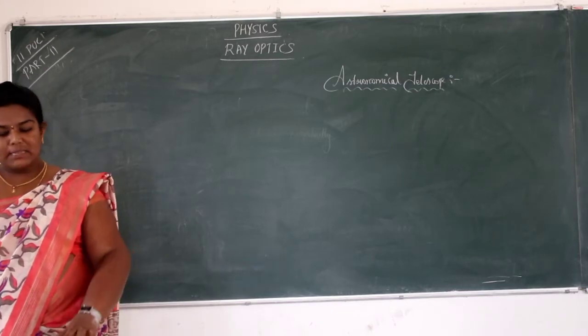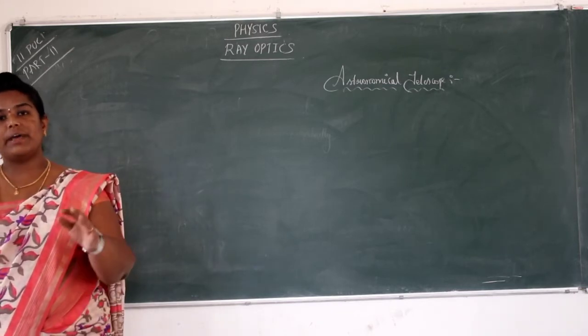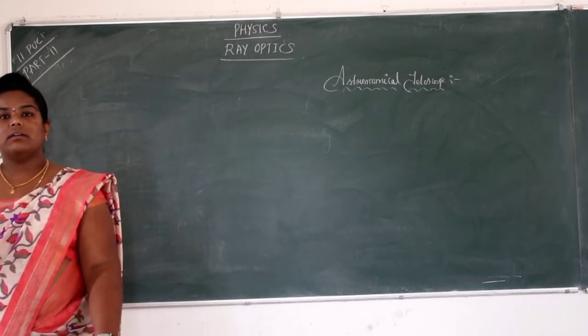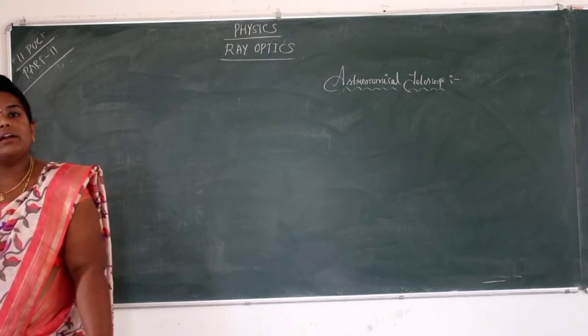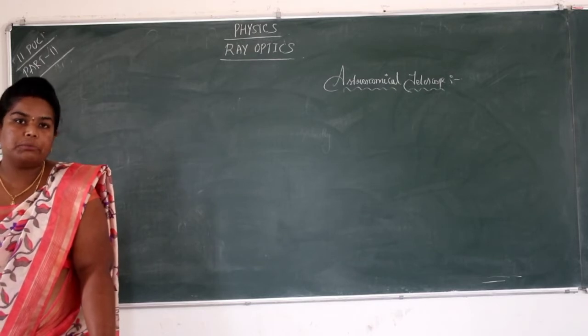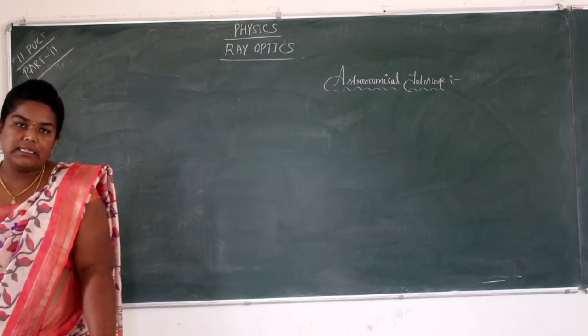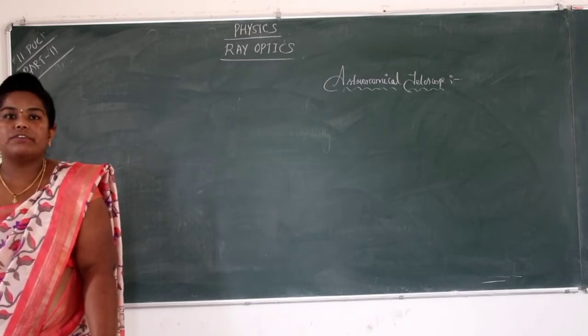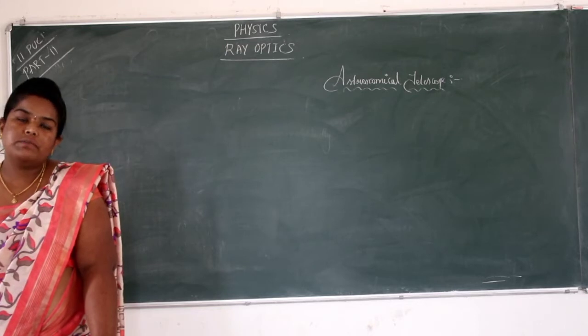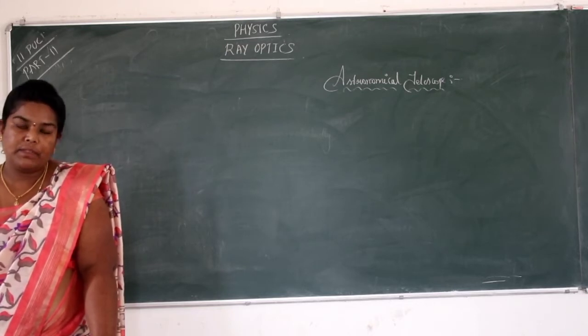So if the object is at a very large distance, or exactly at infinity, then what kind of rays emerge from the object? You know that a parallel beam of light comes from the far away object, the farthest object, or the object which is at infinity.